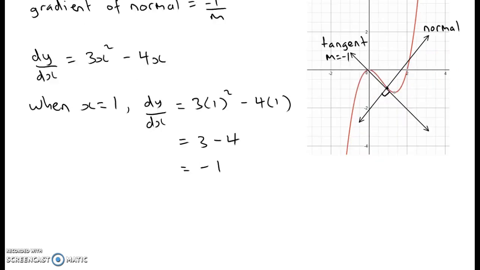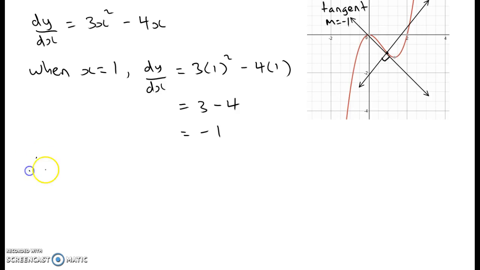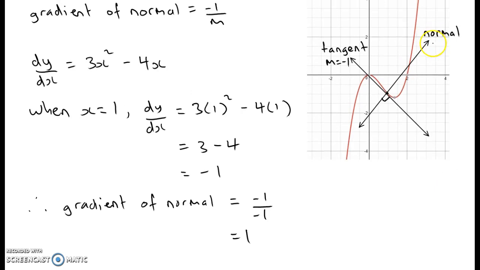The gradient of the normal equals the negative reciprocal, so it's -1 over -1, which equals 1. So the gradient of this normal line, I'll call it m1, equals 1.